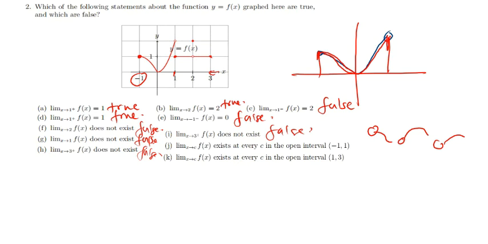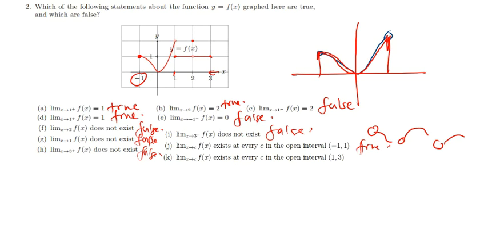But if I had gaps here, then I would have said this is false, because if I get a point where there's a gap, then the limit is not going to exist at that point. So this one is true, it's going to exist at any point which I pick.